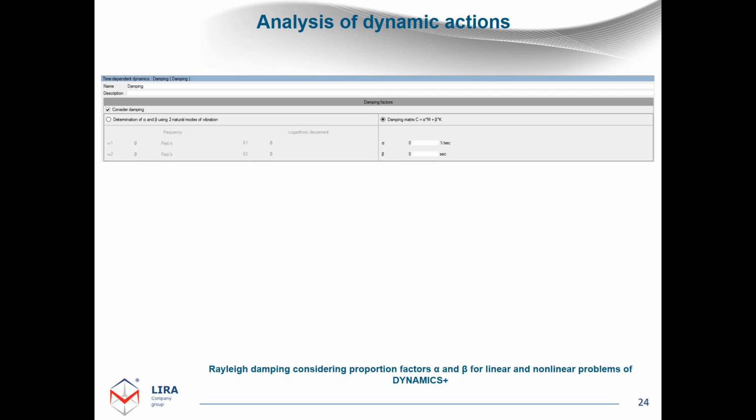But in version 10.6 we've implemented full Rayleigh matrix with the option to set these factors either in numerical form or to specify two frequencies and two logarithmic decrements based on which proportion factors will be automatically calculated.